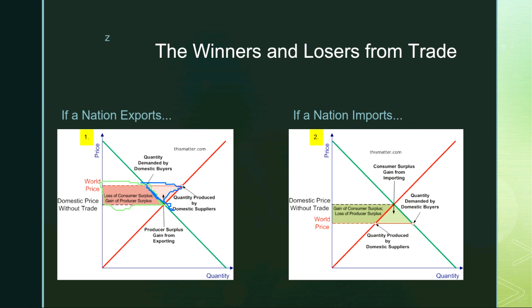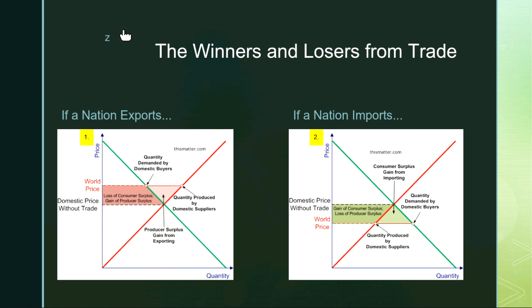We'll use orange lines again to show this. Since this is our new domestic quantity demanded, and this was our original quantity demanded, at least half in this graph is made up by exports. And then producers also gain this additional segment from exports. And so overall, we get this entire lighter red triangle. That entire lighter red triangle equals the exports and the producer surplus gain from those exports.